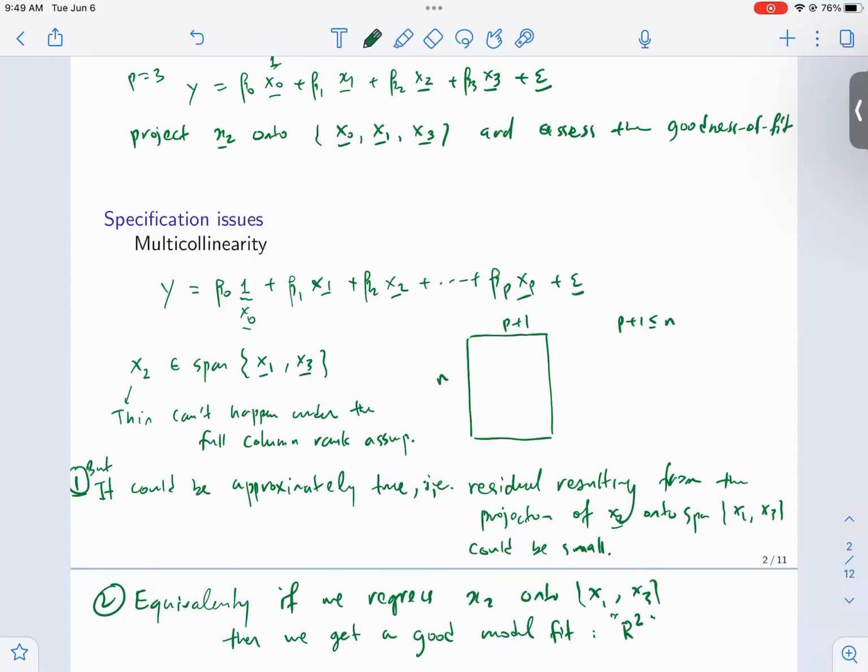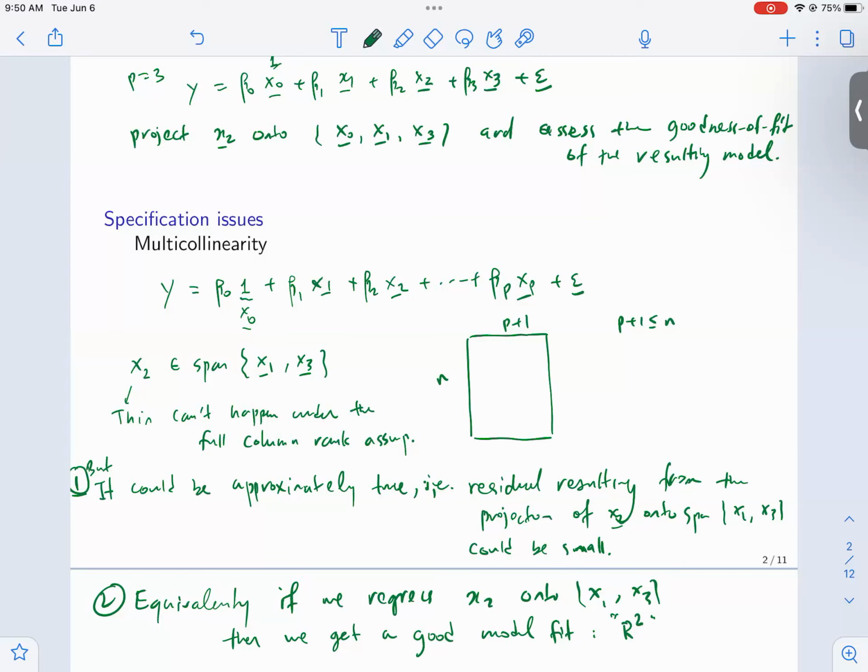It's the fit of the resulting model. So you can do what you propose. It's fine, but if you project x2 onto, let's say, x3, and the R squared is small, what do you conclude? You conclude that x2 cannot be explained very well by x3, okay? But it could be explained very well by x1, and that would cause the issue that we'll see, okay?